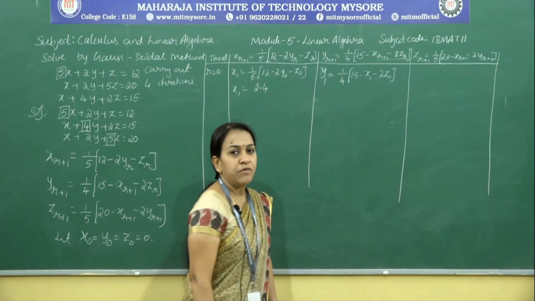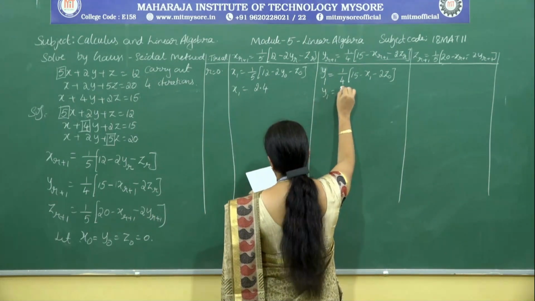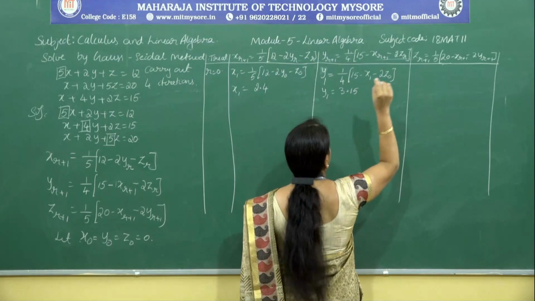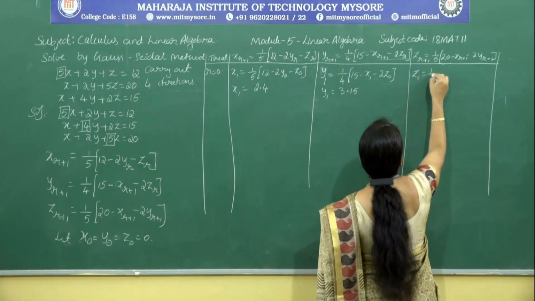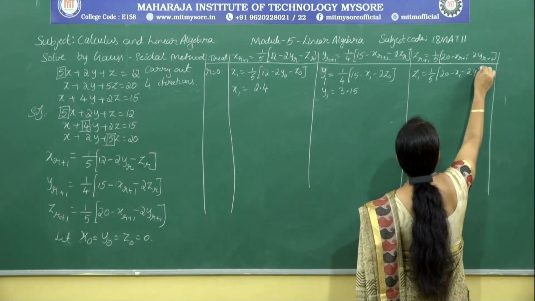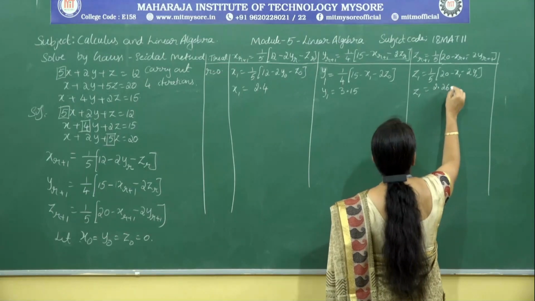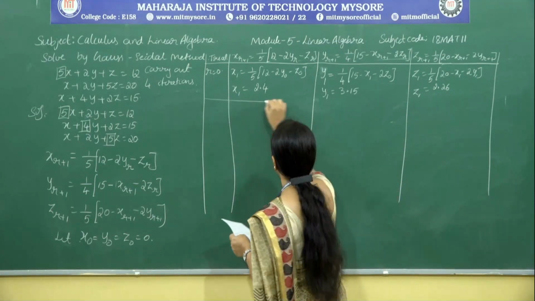If I substitute the x1 value and z0, we will get y1 as 3.15. Similarly, z1 is 1 by 5 into 20 minus x1 minus 2 times y1, and your z1 will be 2.26. So this will be our first trial.